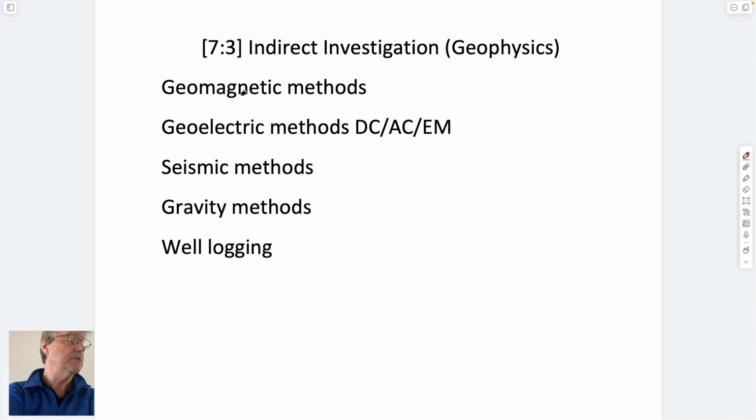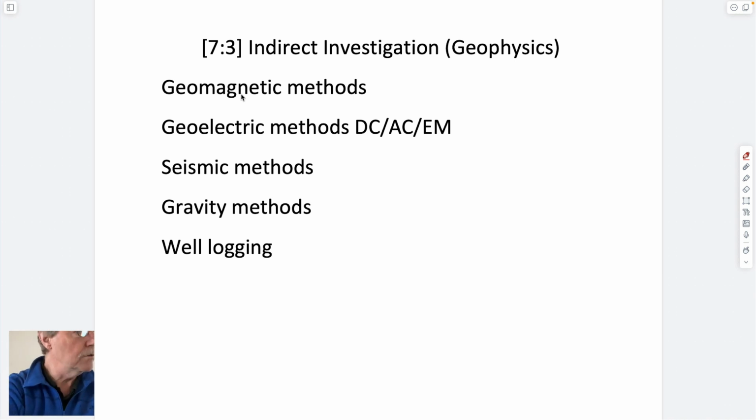We talked about direct methods of investigation: trenching, not used very much, but drilling to get through soil using solid stem and hollow stem augers typically; drilling to get through soil and rock, which is tricone rotary drilling typically; and drilling to get through rock only and recover core, which is rotary coring.